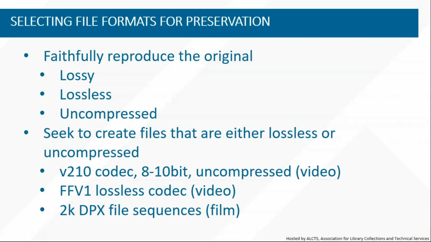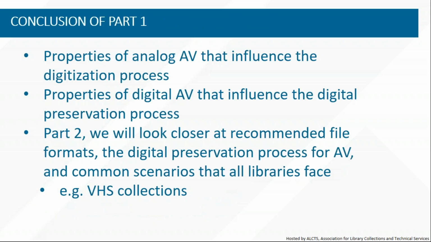And in part 2, we're actually going to look more closely at the actual file types and codecs that are recommended when you're digitizing, and then how to digitally preserve those. So, general conclusion here. The properties of analog AV influence the digitization process, and the properties of digital AV will influence the digital preservation process.